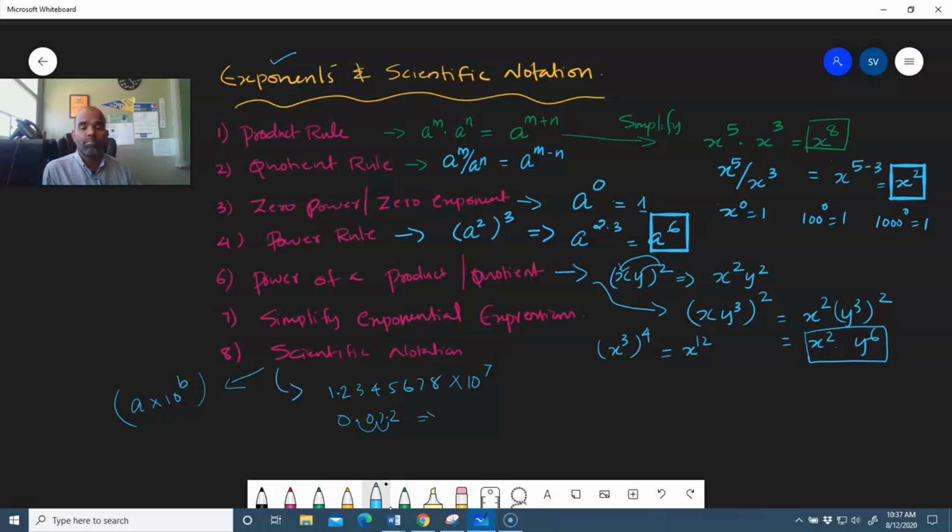Now your number is 7.2 times 10 to the power of how many places we moved: 2 places. But a very important thing is, when you move the decimal place from left to right, you have to put a negative sign here. This is what is called scientific notation.